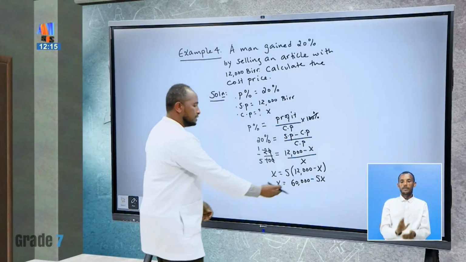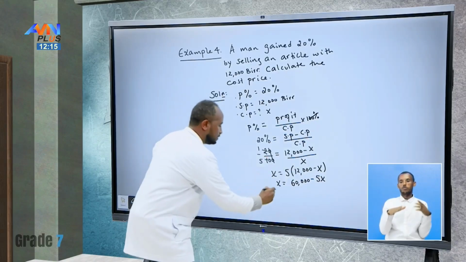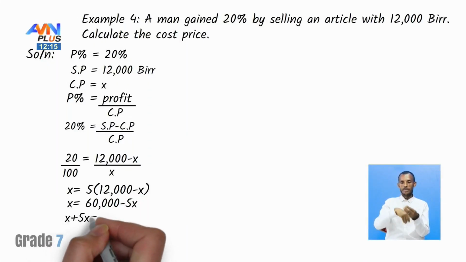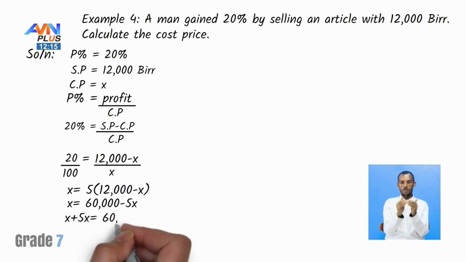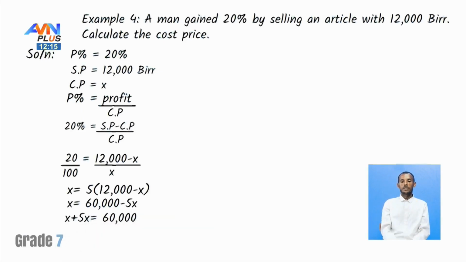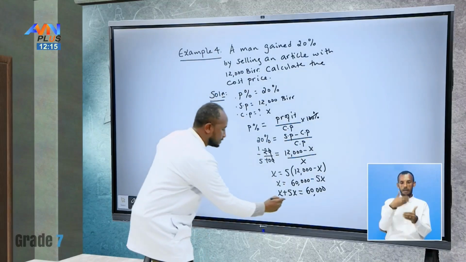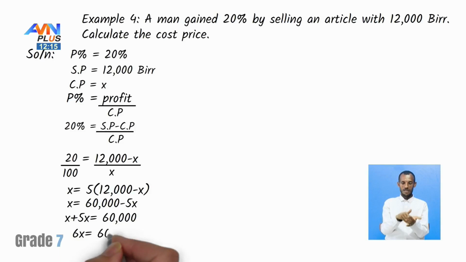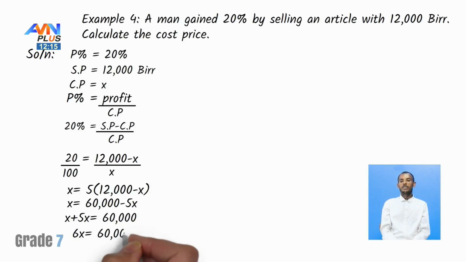And then take 5x to this side. You'll have x plus 5x is equal to 60,000. And then you have 6x is equal to 60,000, and divide both sides by 6.